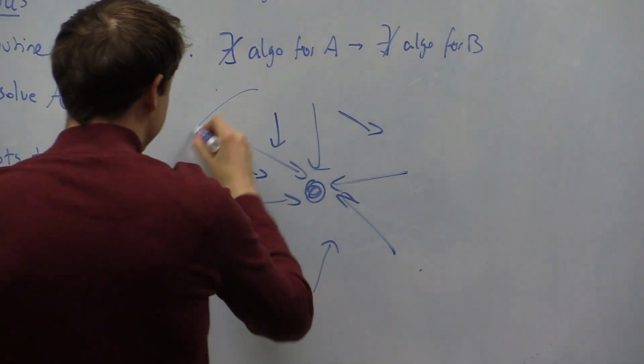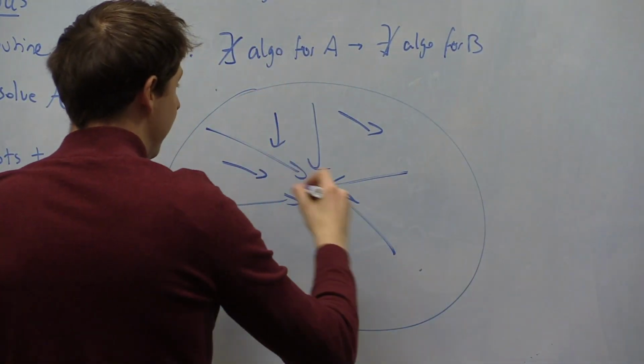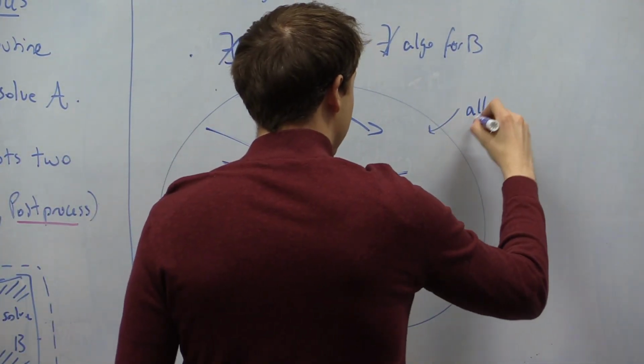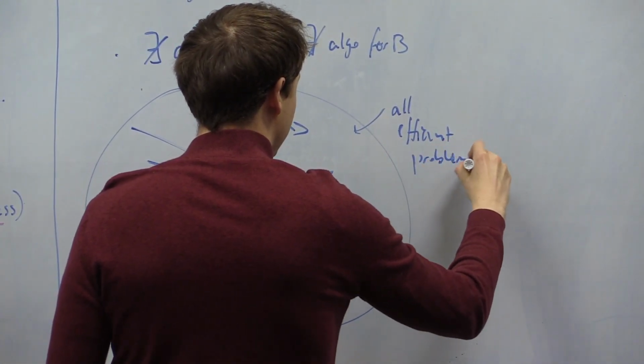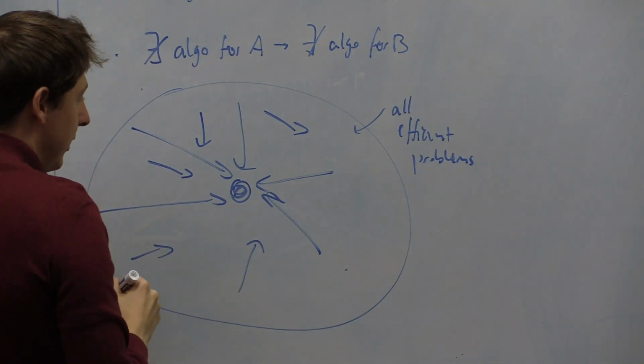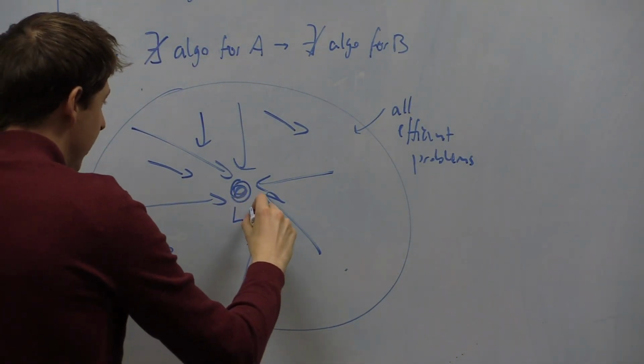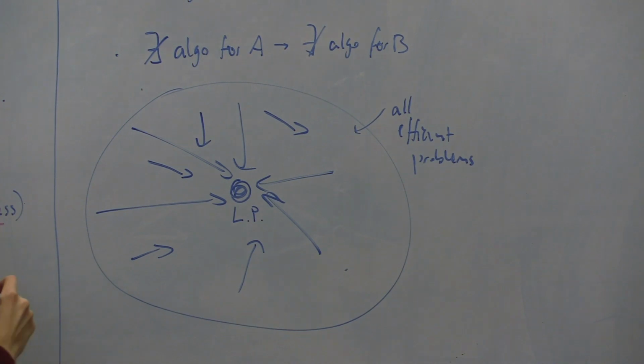And we'll show now that if this is the set of all efficient problems, one problem that can be used to solve any other efficiently solvable problem is linear programming. We're going to prove that everything can be reduced to linear programming. This is a priori maybe not clear, because linear programming is just some boring optimization problem.